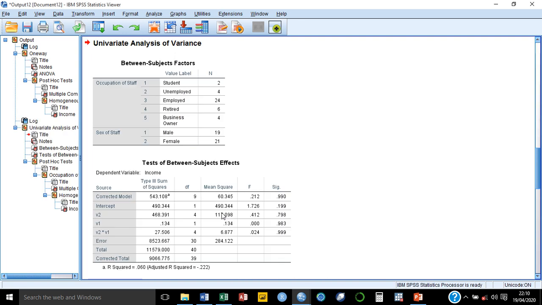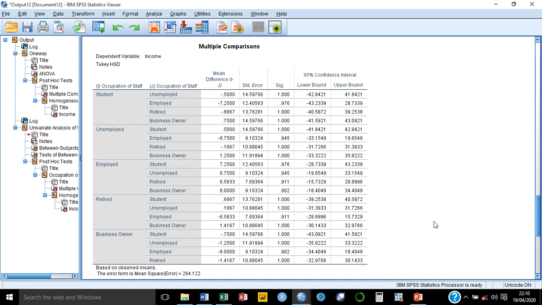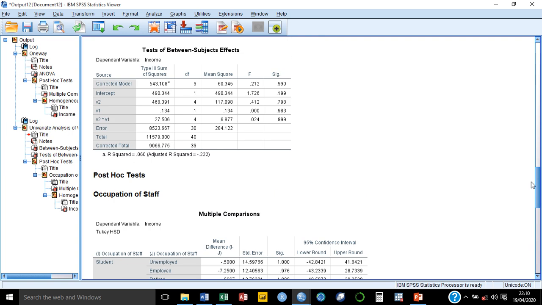Okay, so here again I have my V2, not significant. V1, not significant. V2 by V1, the interaction between V2 and V1, not significant. Then if you break it down, you have the same results you had earlier for one-way ANOVA.